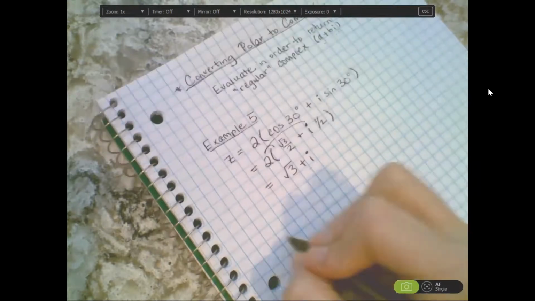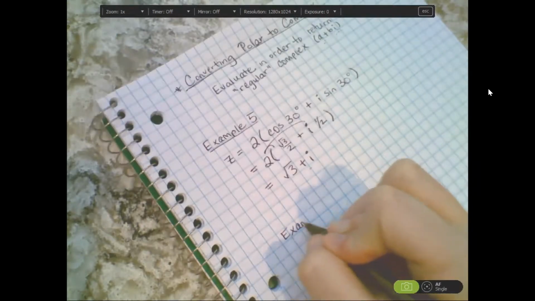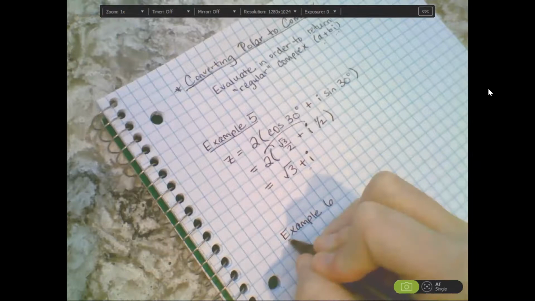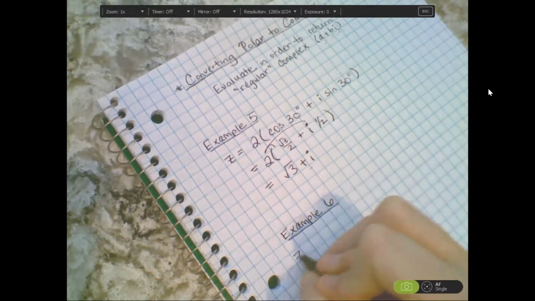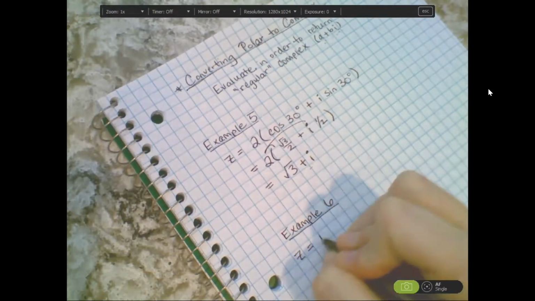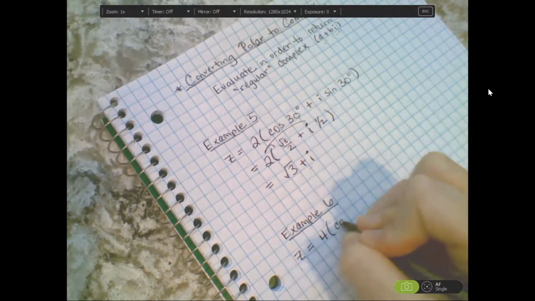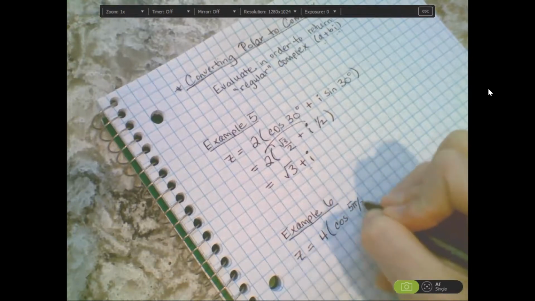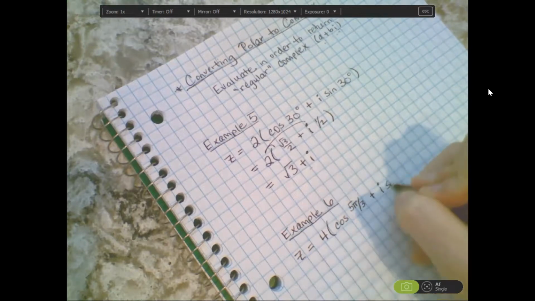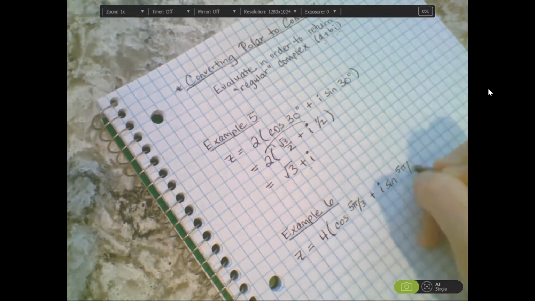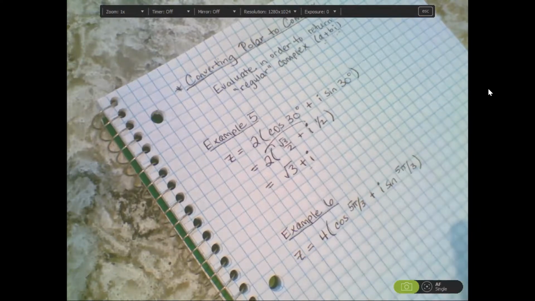Okay. All right, last one. Example 6. So let's see. Let's do this one. Let's do 4 cosine 5 pi over 3 plus I sine 5 pi over 3.